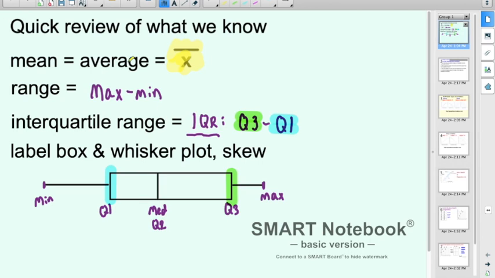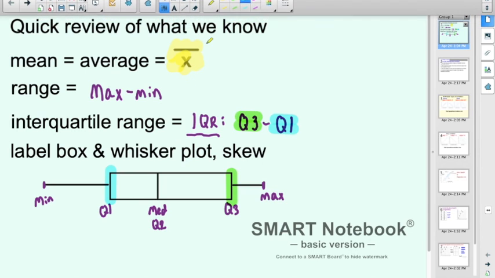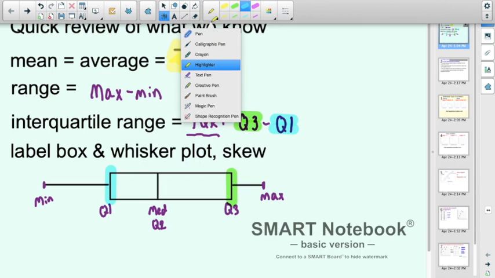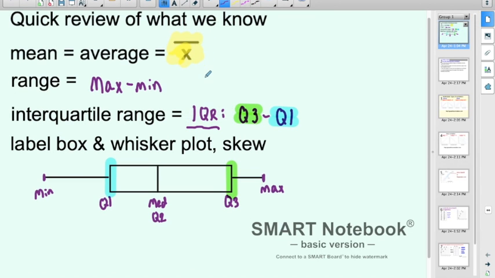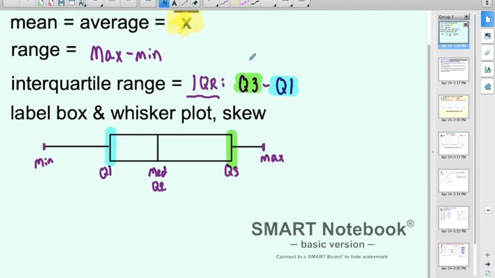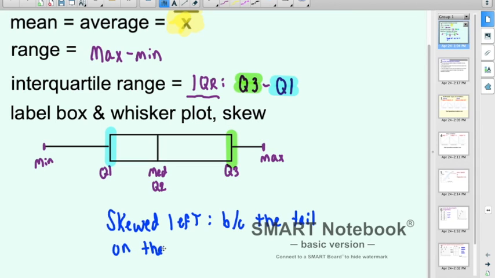Okay. Then if you're taking a look at this box and whisker plot, try to remember skewness. It was the last slide in the last lesson that we did. Is this skewed left, skewed right, or no skewness at all? Well, this is skewed left because the tail on the left is longer.